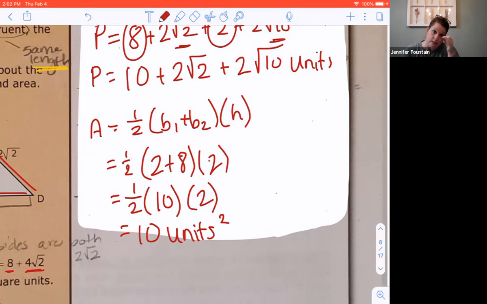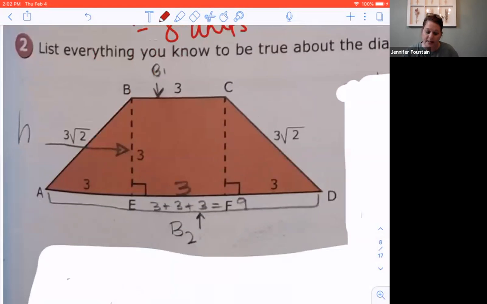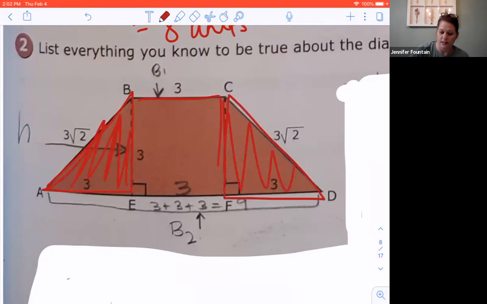All right. Now we're going to look at this figure down here at the bottom. All right, so we see a trapezoid, but also notice that I could really look at this as one triangle here, one triangle here, and a square here. Okay, so if I wanted to, I could find my area of them separately and then put it all together, but we know that we've got a formula that makes it easier.